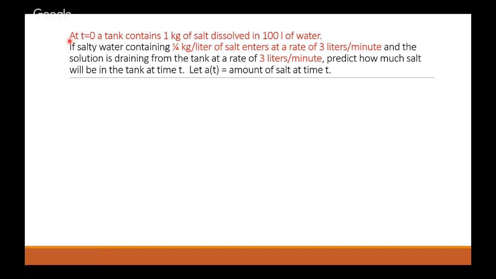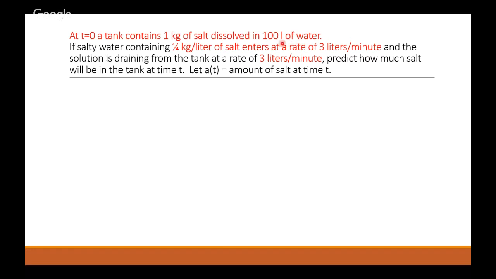I've highlighted some things in red. At t equals 0, so we're looking at the initial value, before the spigots come on, the tank contains 1 kilogram of salt. That's our initial value, the amount of salt in the tank at time 0. It's dissolved in 100 liters of water, so now we have the volume of the tank, and since it's steady state, with 3 liters per minute in and out, that's going to be constant throughout the problem.